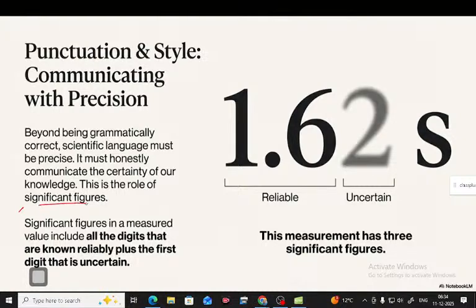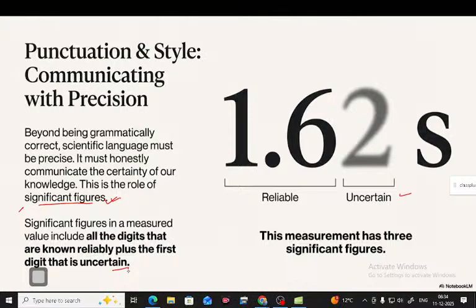This is very much important in our life. Here these two figures are reliable, but these two are uncertain. This measurement has three significant figures, 1, 2, 3, right? Significant figures in a measured value include all the digits that are known reliably plus the first digit that is uncertain. So you have to learn all these things, right?